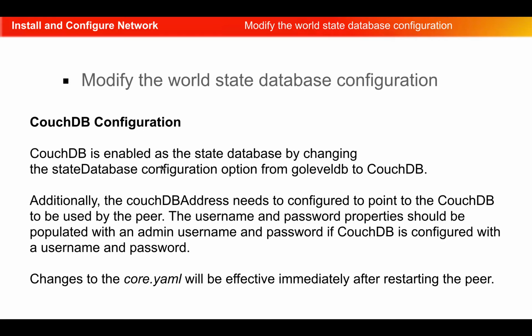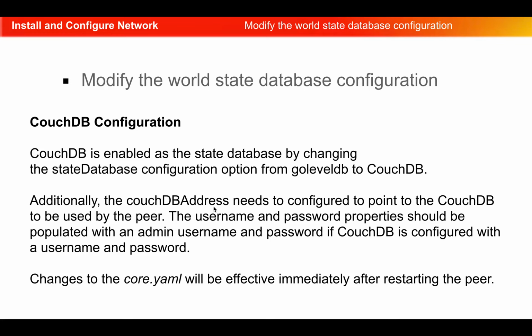CouchDB is enabled as the state database by changing the state database configuration option from goleveldb to CouchDB. This means that the state database configuration by default will be pointing to goleveldb, so that has to be changed to CouchDB for rich queries.